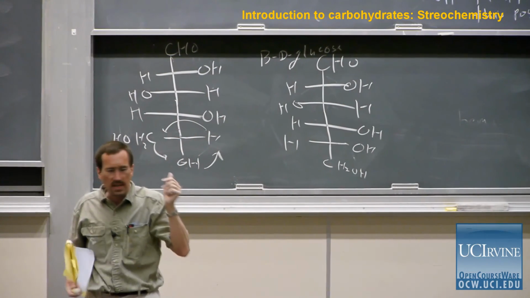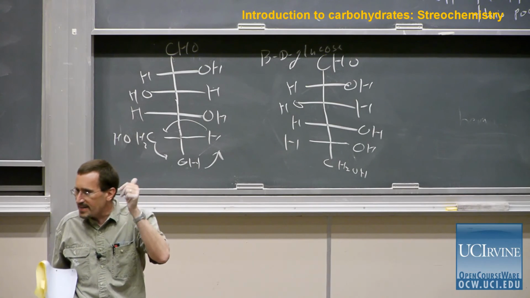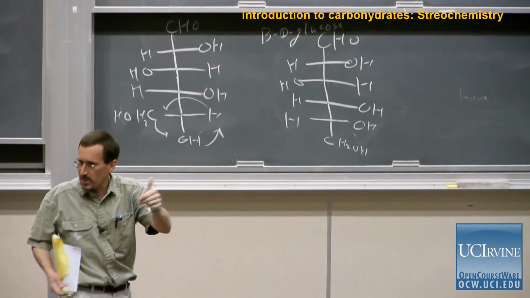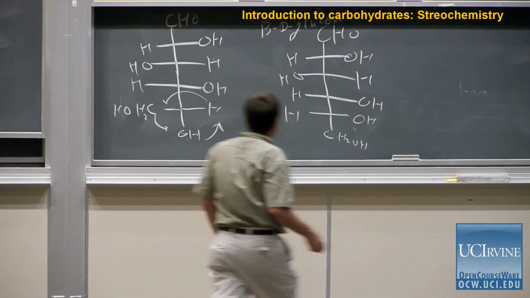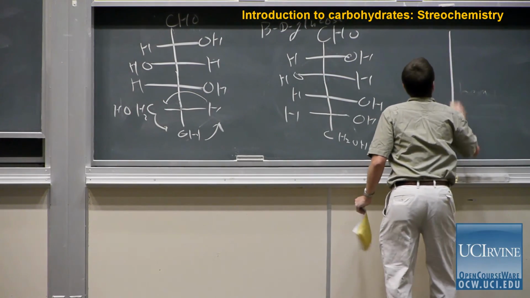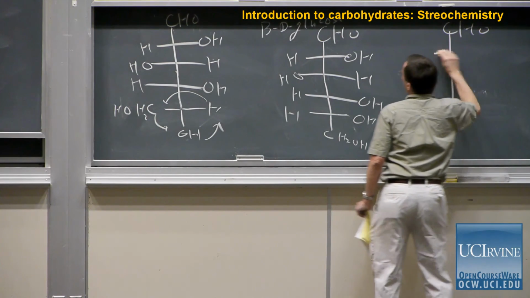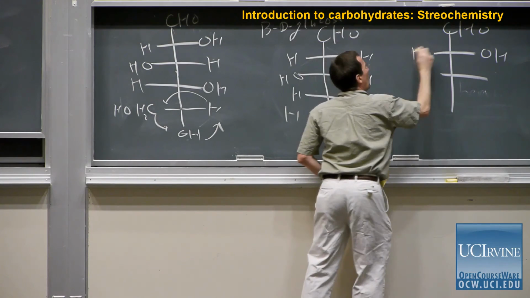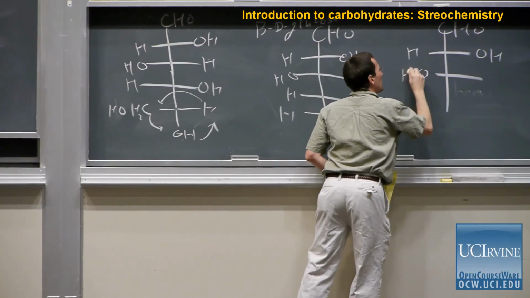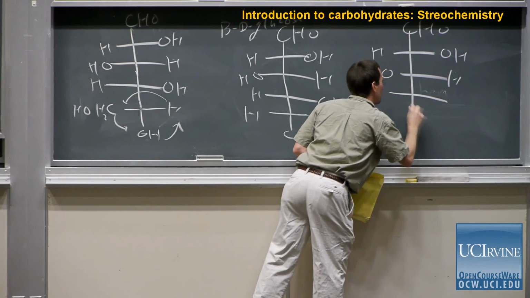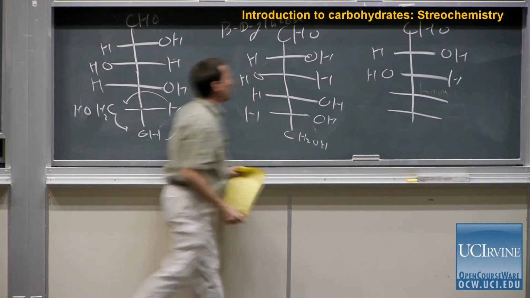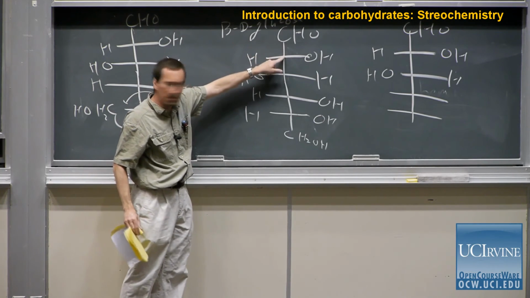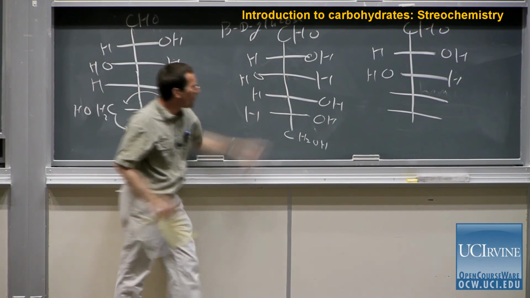So remember, we said galactose was identical to glucose except in the 4 position. So now I look at galactose and I say, all right, I know how. If I know the glucose structure, all I need to do to make galactose from the Fisher projection of glucose is to change the stereochemistry at the 4 position. 1, 2, 3, 4.